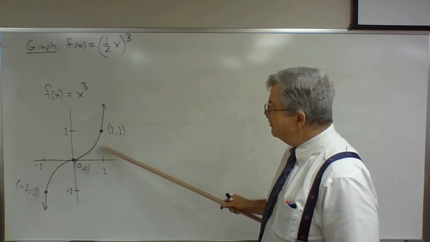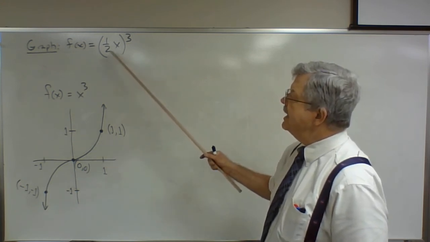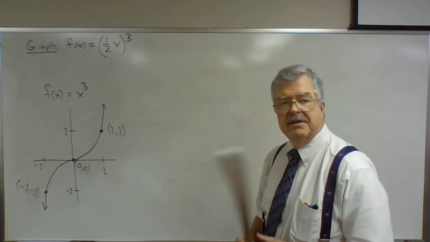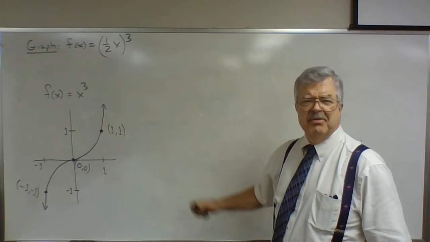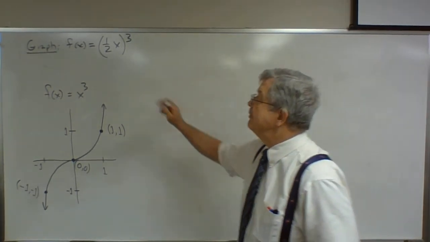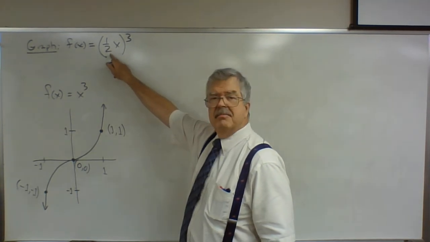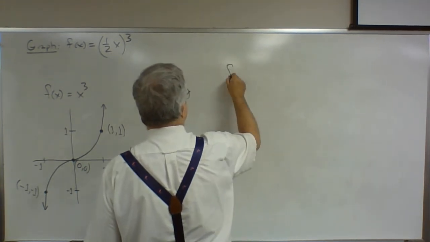Now let's use this as reference to graph f of x equals 1/2 x quantity cubed. The shape of the graph should be pretty much the same. The horizontal scale is going to be different because of that one thing. So I'm going to draw the graph out.